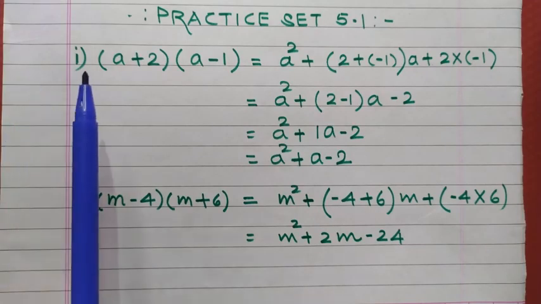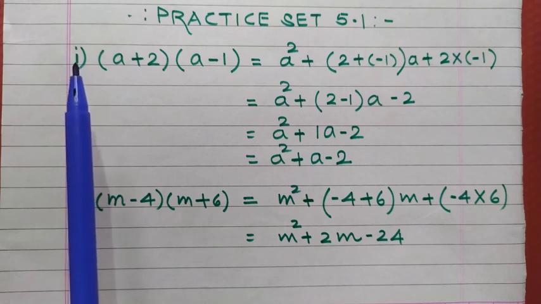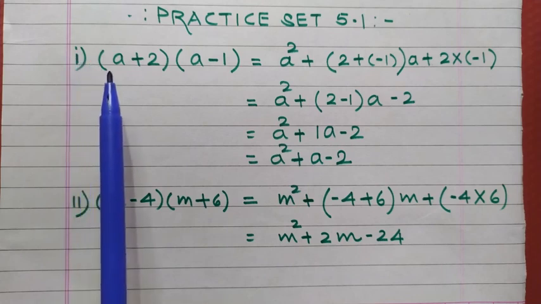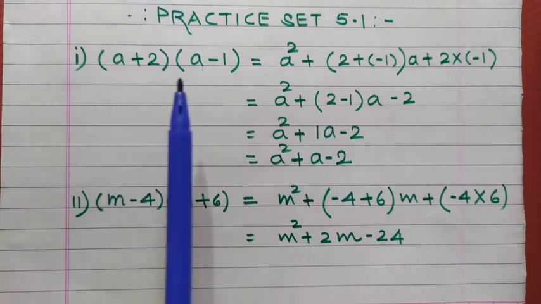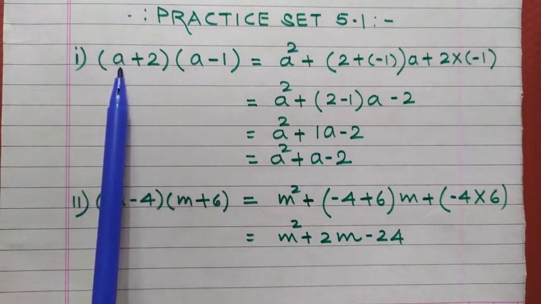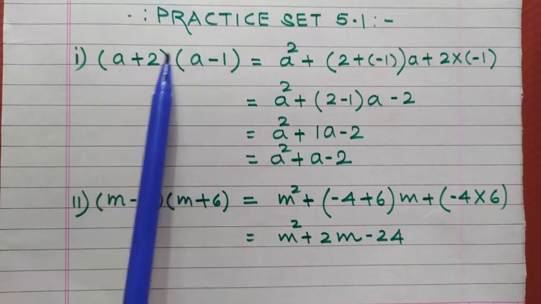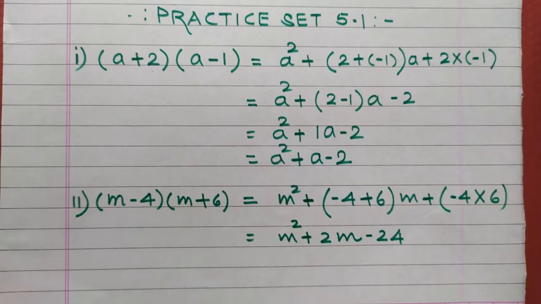So here we are from practice set 5.1, first sum, (a plus 2) into (a minus 1). We have to expand it. The equal term is a and unequal terms are 2 and minus 1.